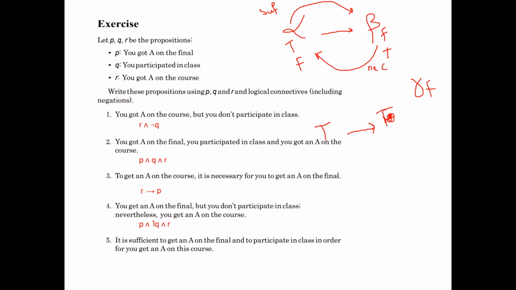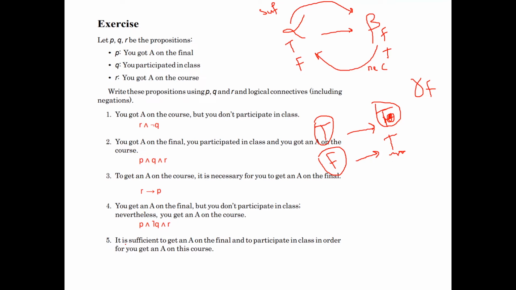But if alpha is false, that doesn't mean that beta should be false as well. Beta could be true. So alpha being true is sufficient for beta to be true. But if it's false, that doesn't mean that beta should be false. It could have had another thing that was sufficient for it to be true as well.